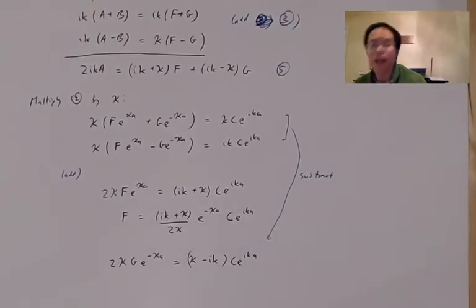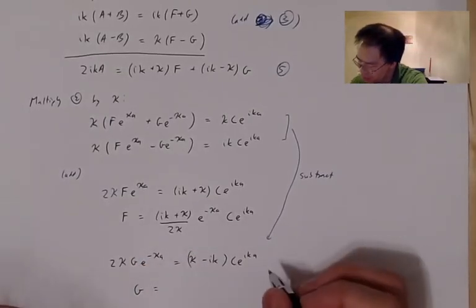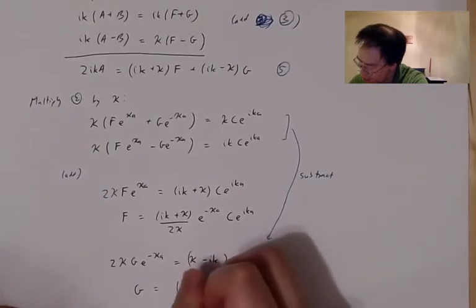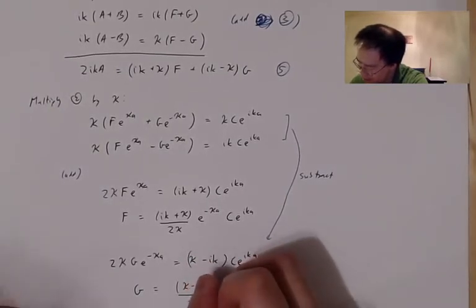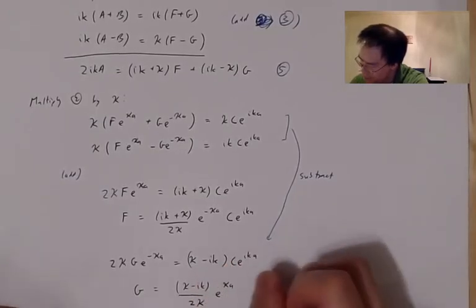Once again, solving for g, this gives me kappa minus ik divided by 2 kappa, e to the positive kappa a, c e to the ik a.